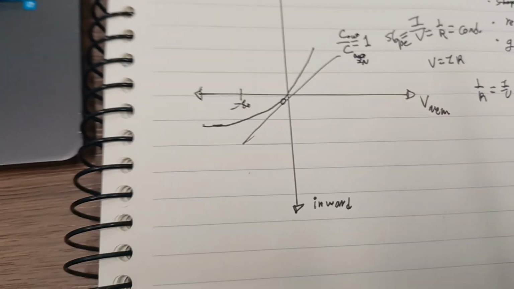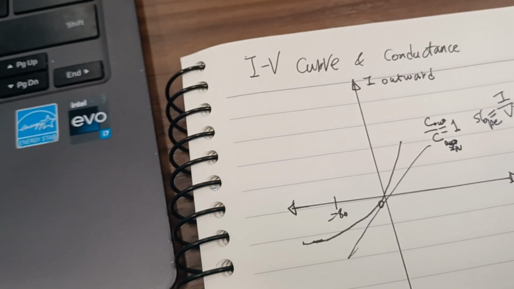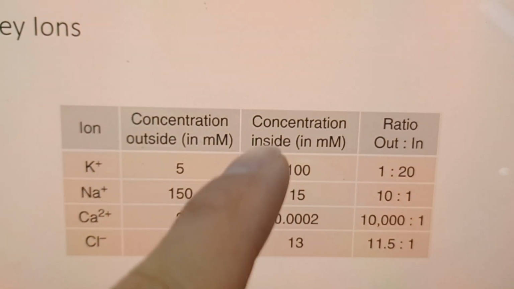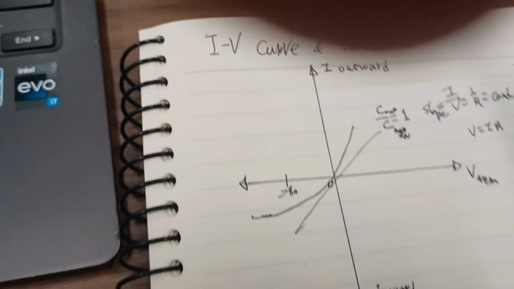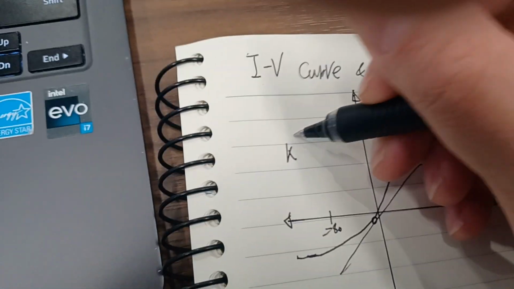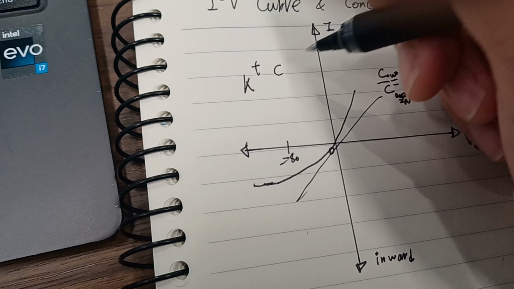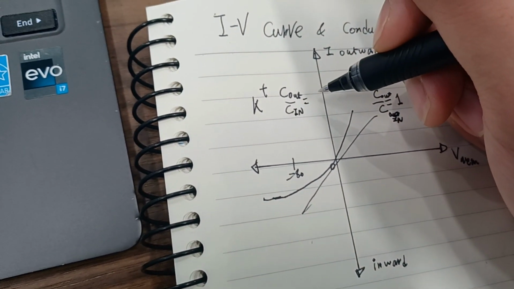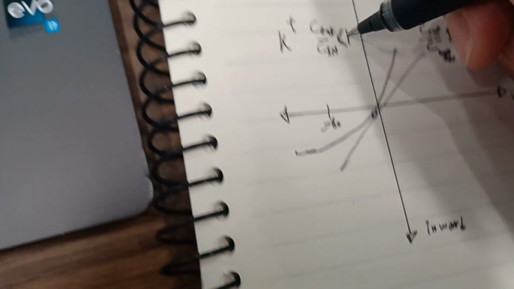It's K plus, and we all know that potassium is higher on the inside. So when C out over C in, since inside is high, it should be smaller than 0, right? Smaller than 0, okay.